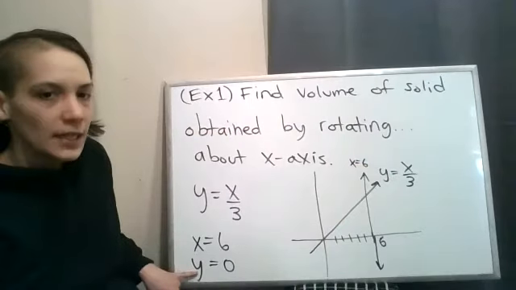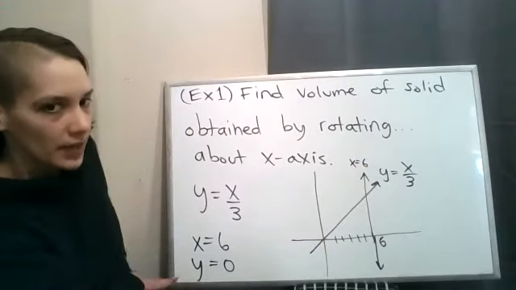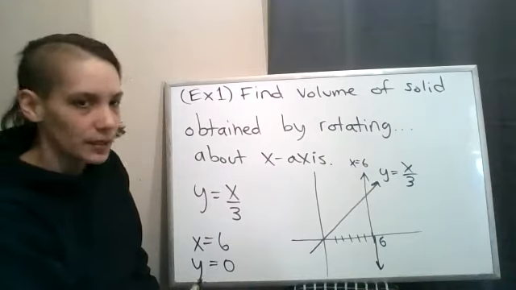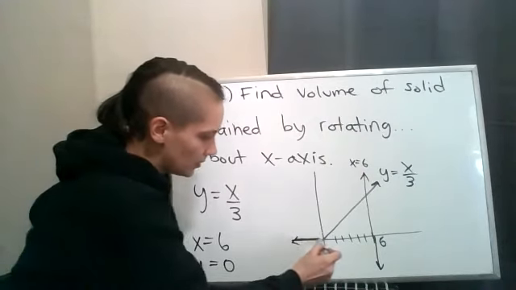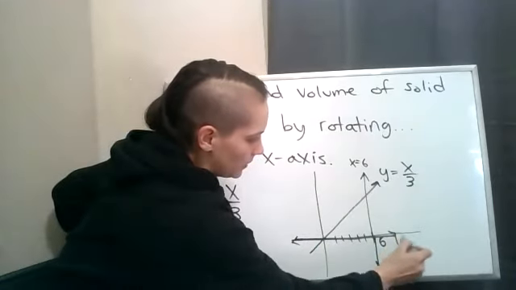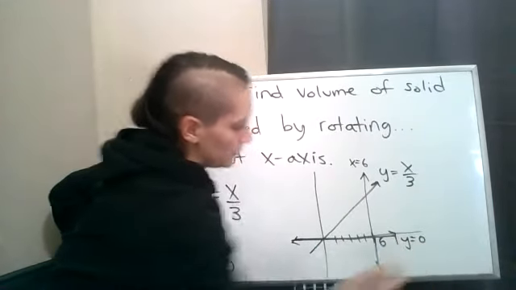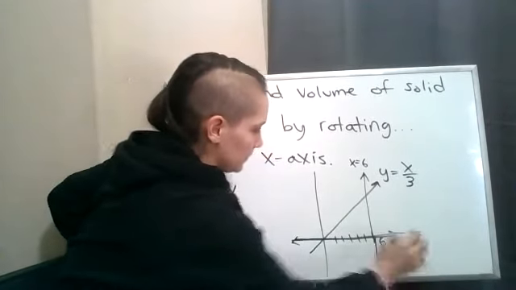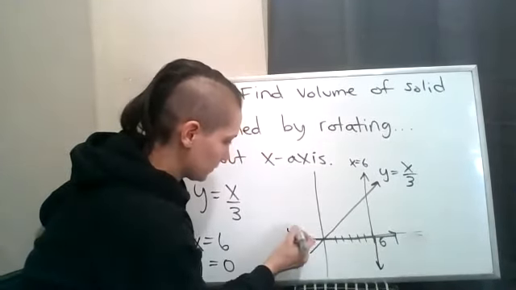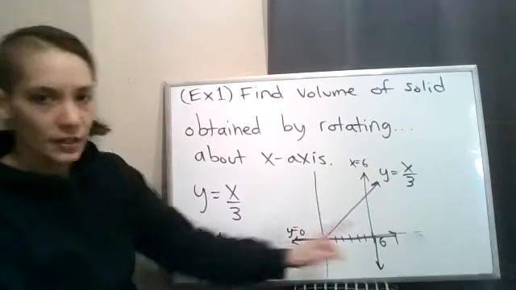Y equal to 0, that means x can be any value, but y must always equal 0. So x can go left or right, but y has to sit right there. So it's this region here.